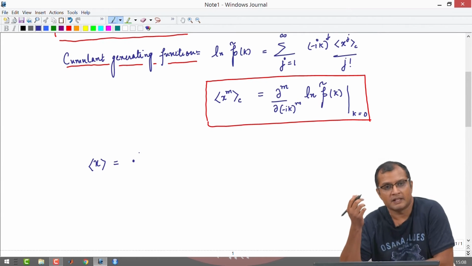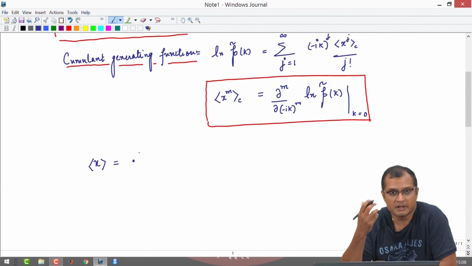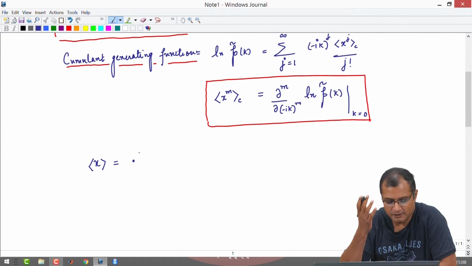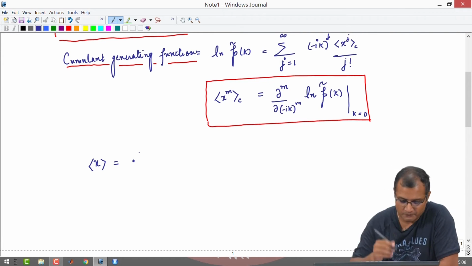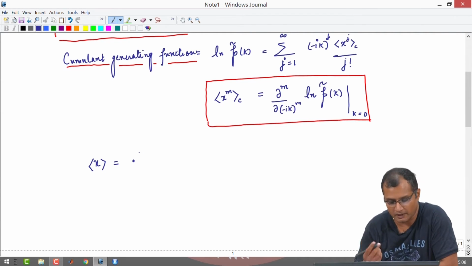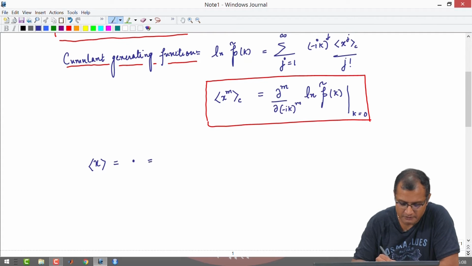As I said, the mth order moment can be written as the number of ways you can arrange m dots, in which you show connected dots as cumulants and dots which are not connected as moments. So, if you want to show graphically what is the first moment, you show it with a single dot, and a single dot cannot be connected. So, this is nothing but the first cumulant.